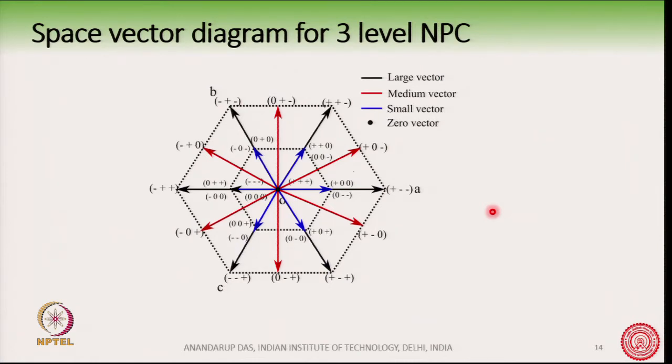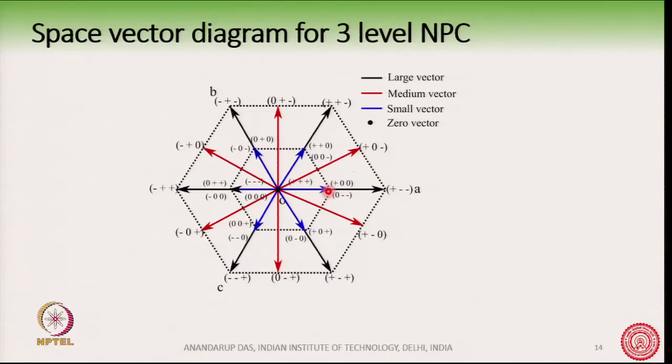You can see there are many more vectors. How we derive this space vector diagram is what we will study today. So, there are many more space vectors. There is an inner hexagon something like this here, and there is an outer hexagon which is shown like this here, and there are several vectors.